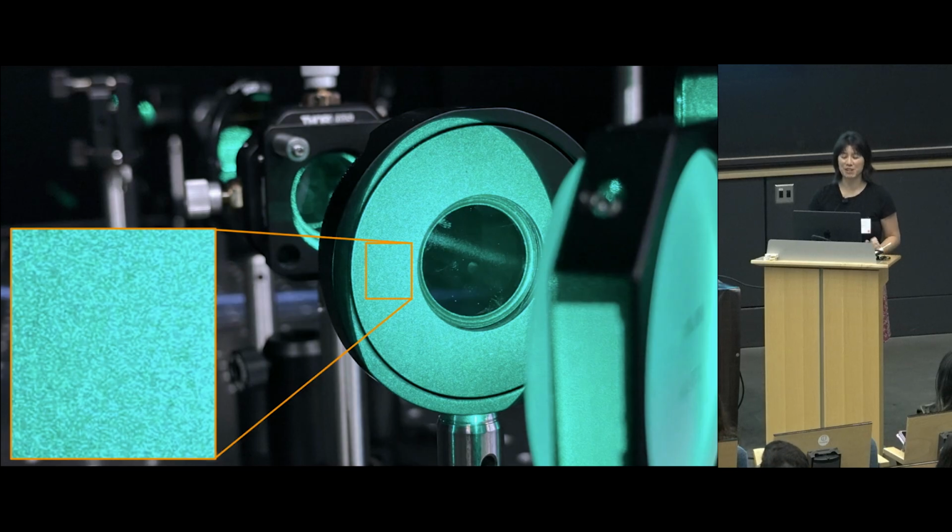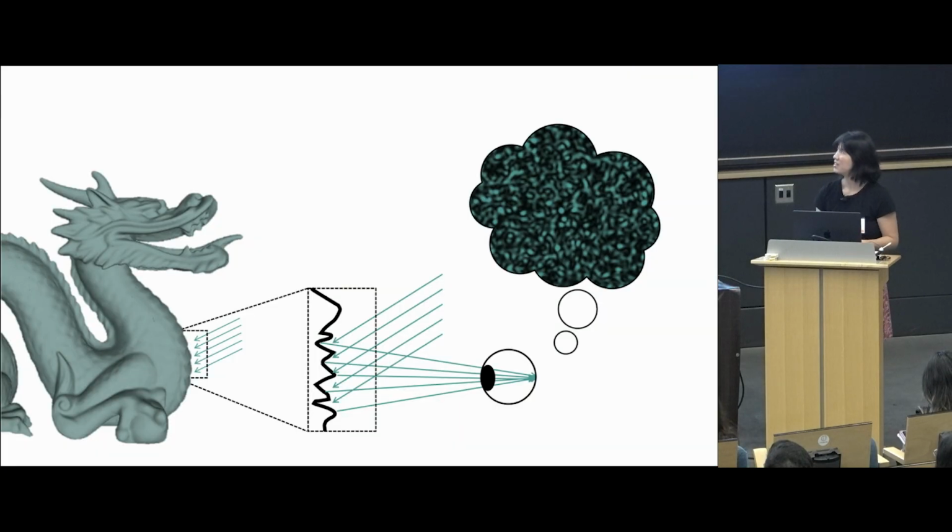Speckle is a really fundamental problem in holographic displays, because it's the coherent nature of the light that both causes the speckle and is what allows us to form the image content as well. So we can't remove the coherence, because otherwise we wouldn't be able to make our hologram. The speckle happens because when we shine laser light on our object and it hits some diffuse surface, the light's going to scatter off in a bunch of different directions, and then the light's going to come together to form a point on your retina or on your camera sensor.